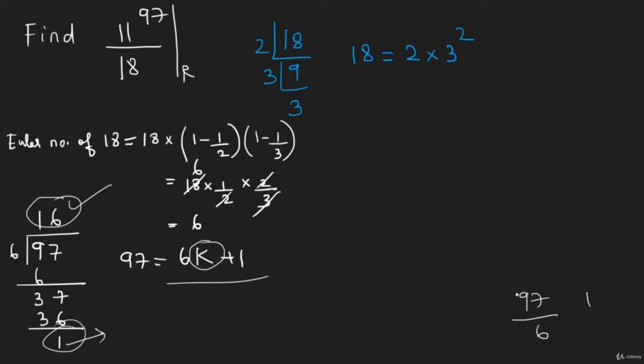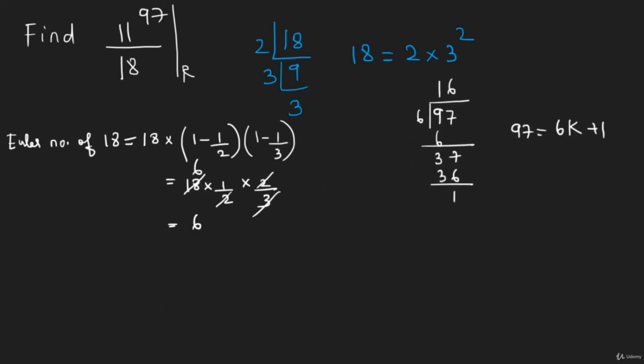Keep that in your mind. Take 7 along with that, so you have 37, and you know 37 by 6 goes 6 times, that's 36, and you get your remainder 1. So you just need to remember your remainder 1, and we establish that 97 is of the form 6k plus 1. Alright, now after you have achieved this over here, let's keep this aside.